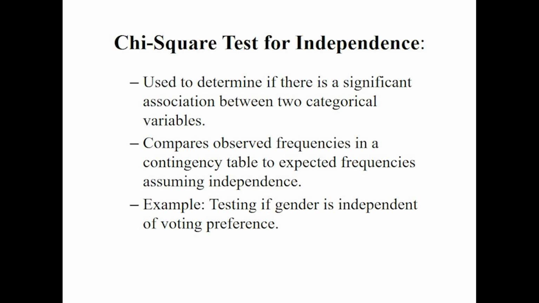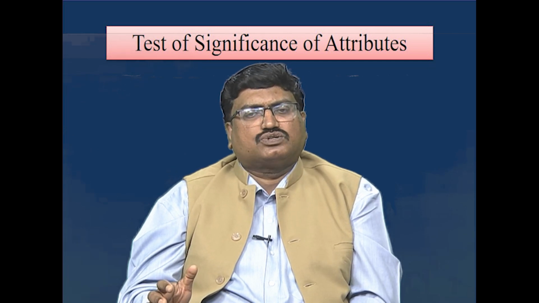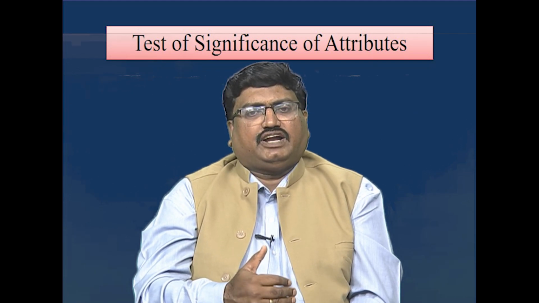So, testing if gender is independent of voting preference. Suppose men prefer a particular party or women prefer a particular party. Voting is a personal choice, right? You vote or you don't. Gender, whether you're male or female. So we are trying to check whether these two attributes are independent. As I said a little while ago, we can also check the association between employment and education.